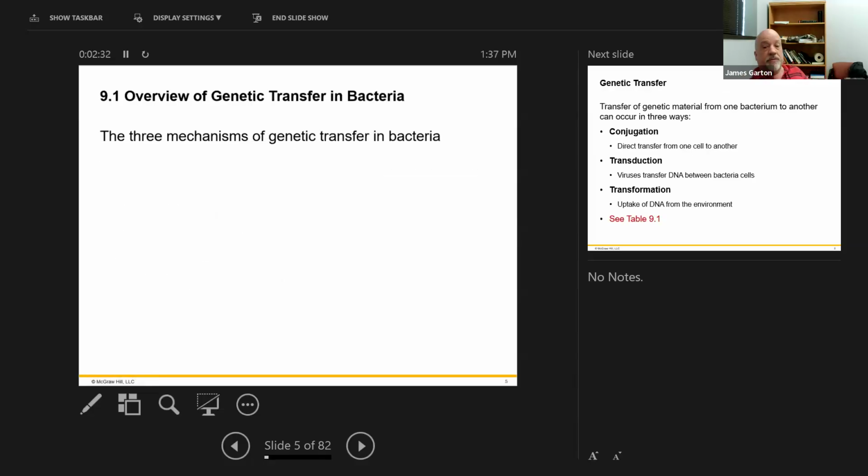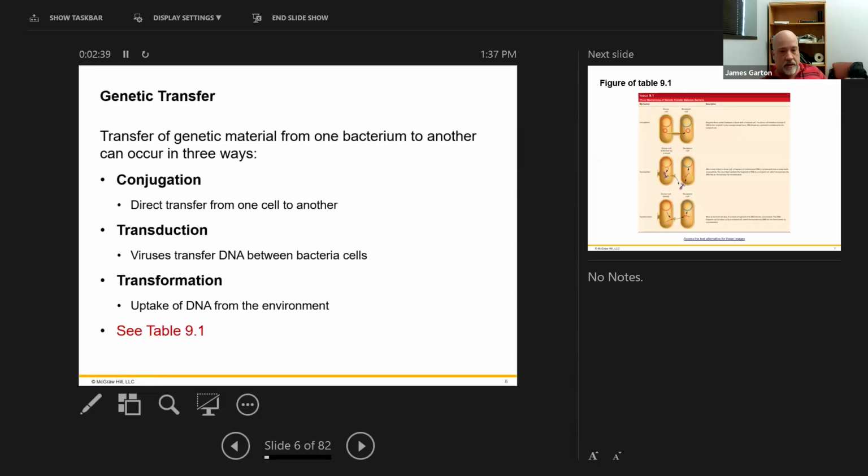There are 3 basic mechanisms of genetic transfer found in the bacterial domain. There's what we call conjugation, which is direct transfer of genetic material from one cell to another. There's transduction: viruses can transfer DNA between 2 types of bacteria. And there is transformation: some bacteria can uptake DNA from their environment.